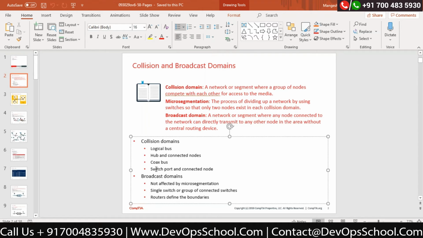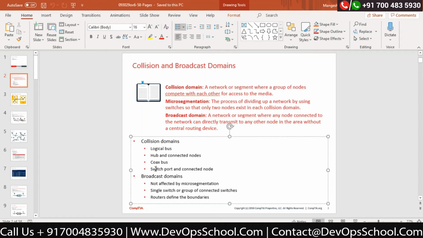There are multiple techniques. Currently, the collision domains we are using are nothing but our switches. We are not using coaxial, hub, or logical bus. We are using switch port and connected node. This is nothing but our collision domain. That is our switch network.